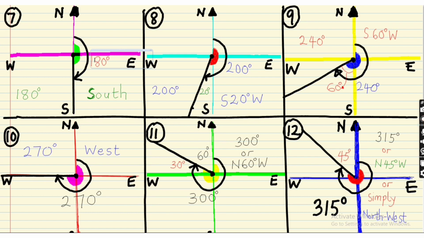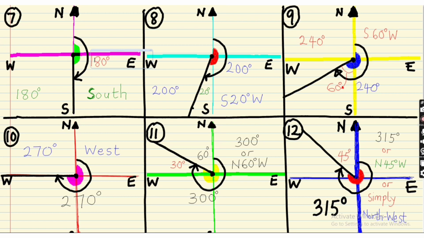In that one, the black line has rotated clockwise, gone beyond southeast, and is now between south and west. That is angle 200 degrees, because when it stops on south, that's directly 180 degrees. But now it has gone beyond that. So if you have to represent angle 200, make sure it is between south and west, because it has gone beyond 180 degrees.